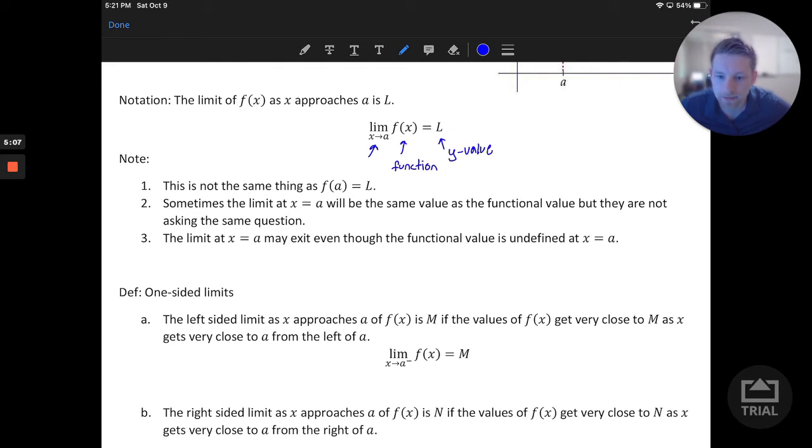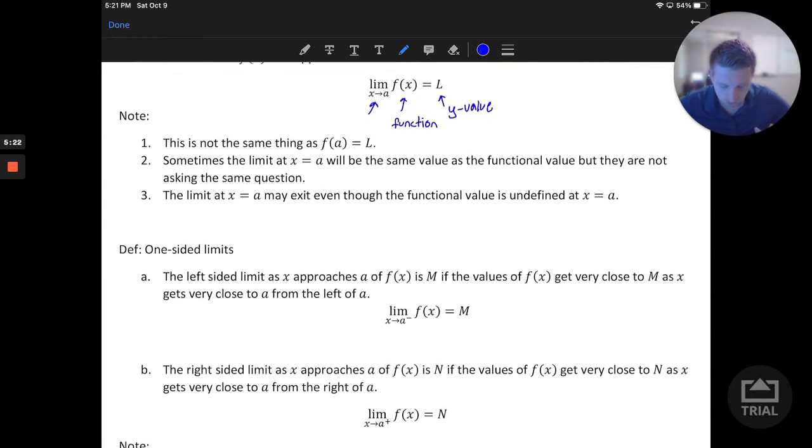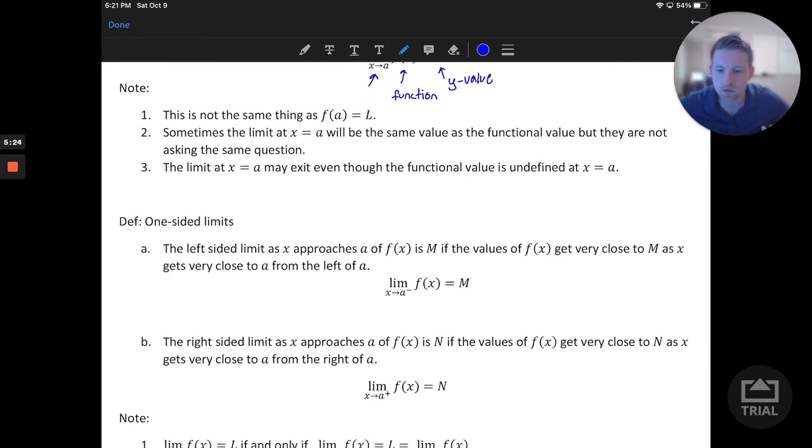And the limit as x approaches a may exist even though the functional value is undefined.